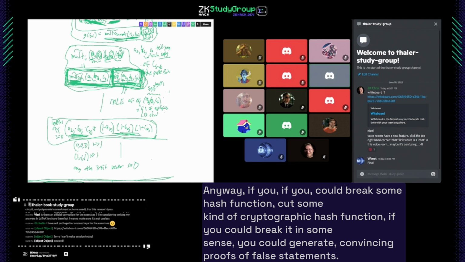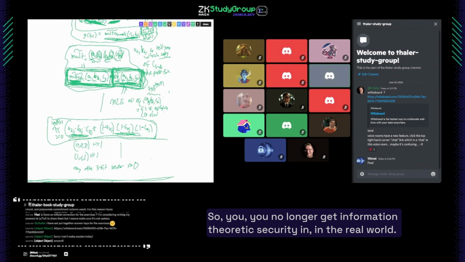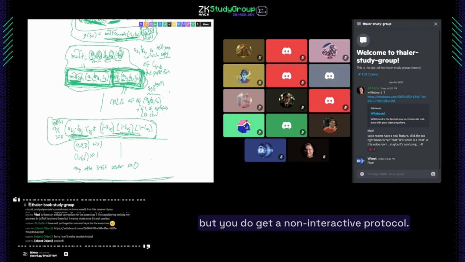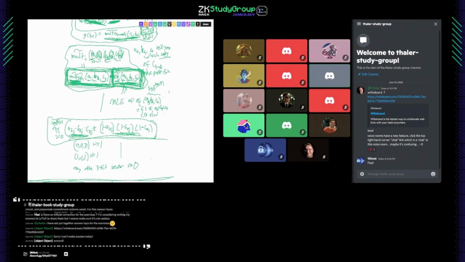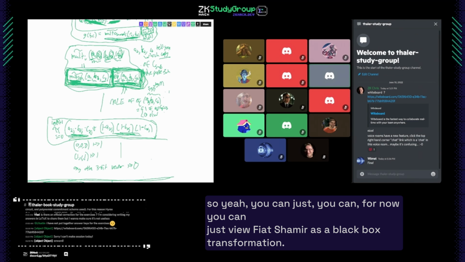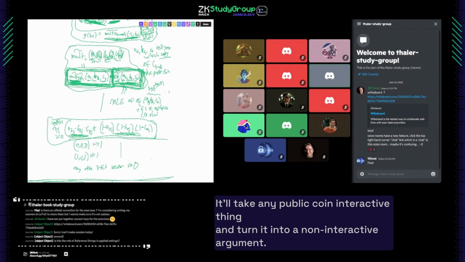Anyway, if you could break some cryptographic hash function, in some sense, you could generate convincing proofs of false statements. So you no longer get information theoretic security in the real world, but you do get a non-interactive protocol. So for now, you can just view Fiat-Shamir as a black box transformation. It'll take any public coin interactive thing and turn it into a non-interactive argument.